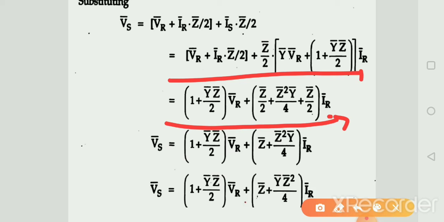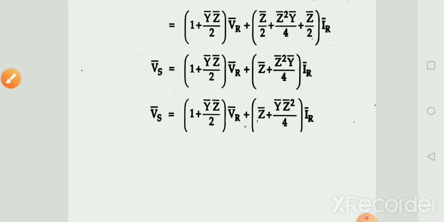So after solving it, we get (Z plus Z square Y over 4) into IR. Now we have Vs equal to (1 plus YZ over 2) into VR plus (Z plus YZ square over 4) into IR. So we compare this with the standard equation, and we can get the A and B parameters.